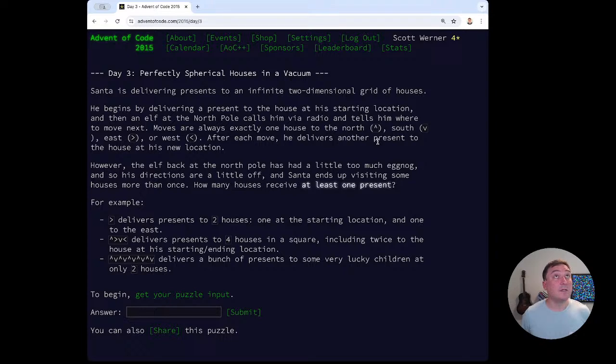So this is the number of houses. Okay, so we've got Santa, we've got moves, we have directions for him to move, and then we want to ask how many unique houses delivered to.